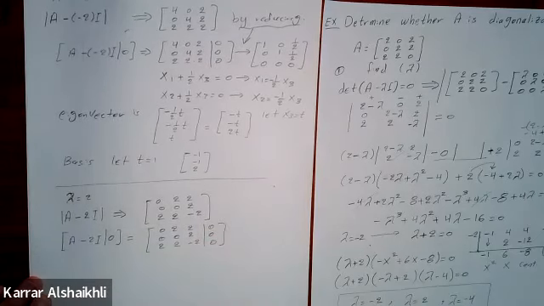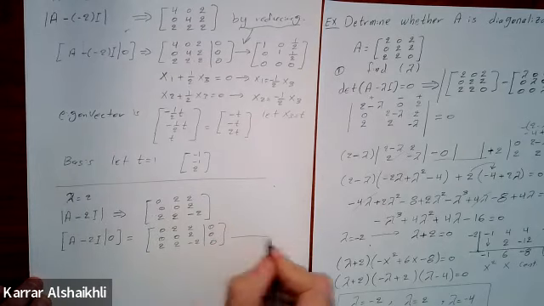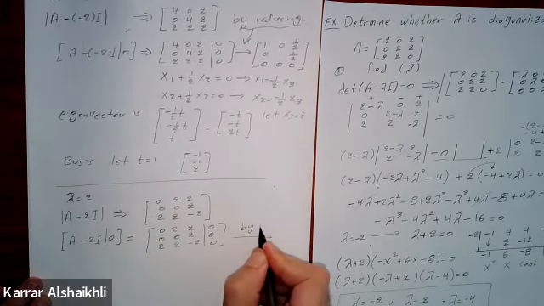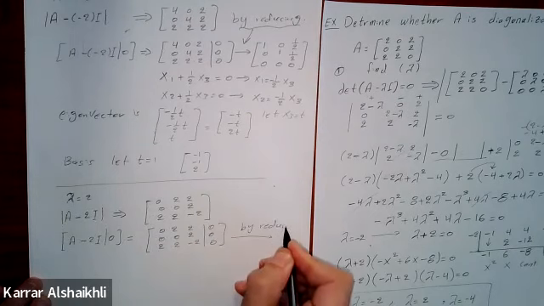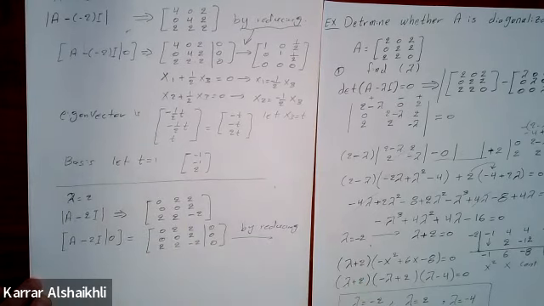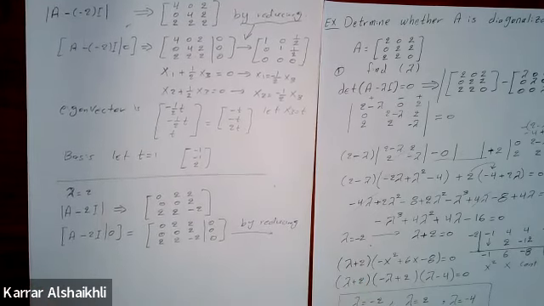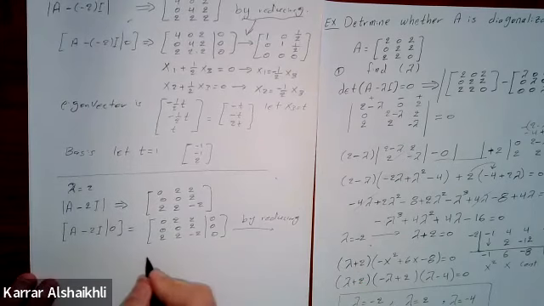How are we going to reduce that? Check here, 0. I just need to compare this one to 0 and compare this number to 0. So by reducing, I'm just going to give you the result.